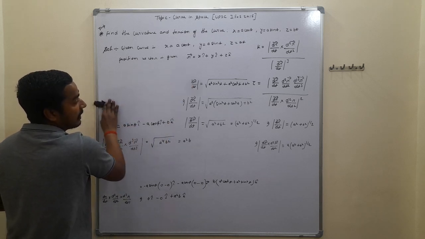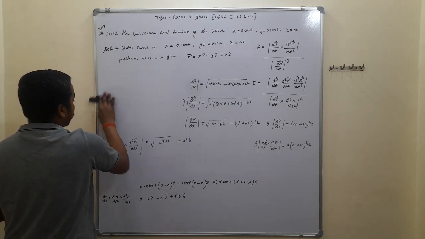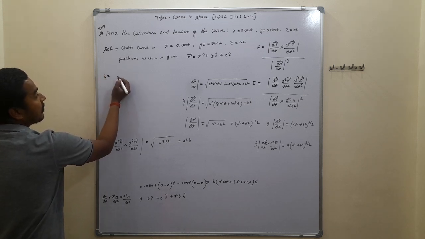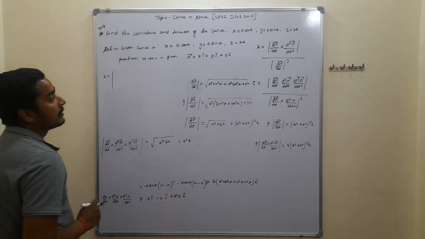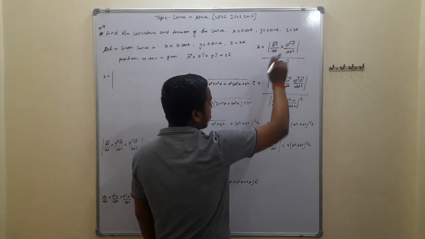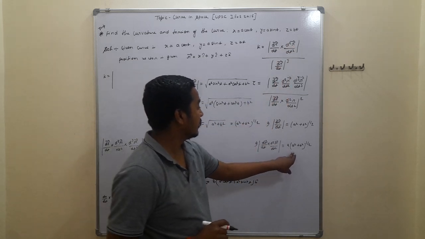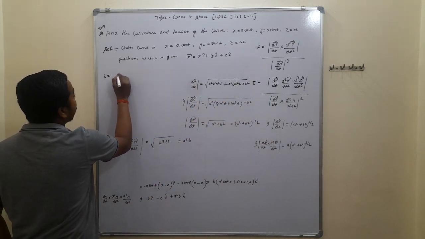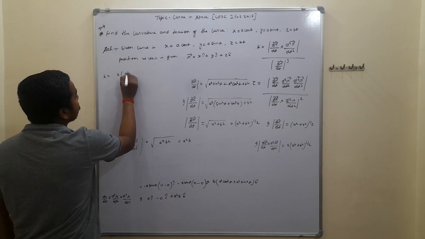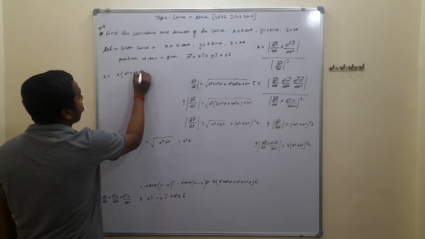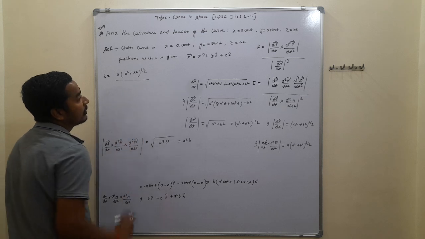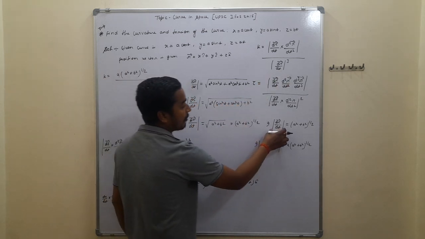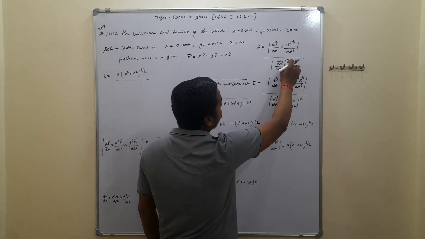Once again, first we have to find the curvature. This is given by mod of dr upon dt into d2r upon dt square. We calculate here, this is given by a into a square plus b square to the power of 1 by 2, upon mod of dr upon dt, cubed.